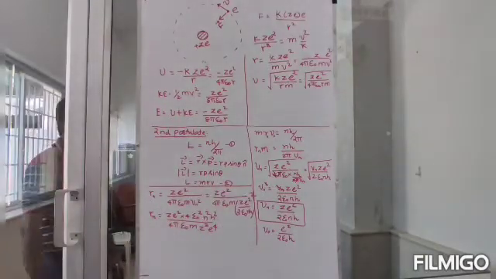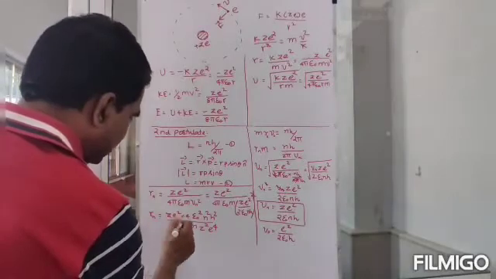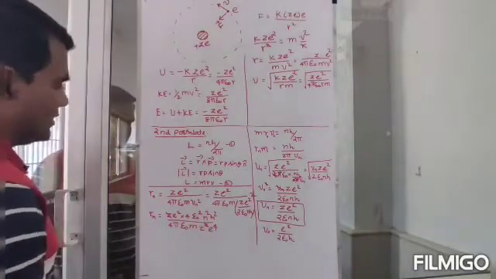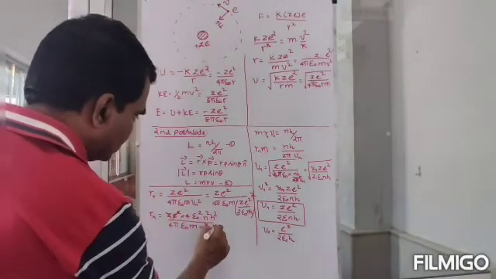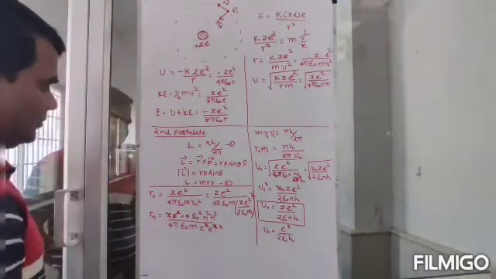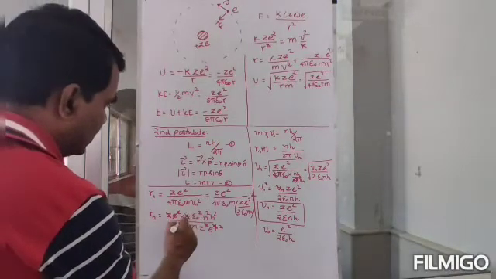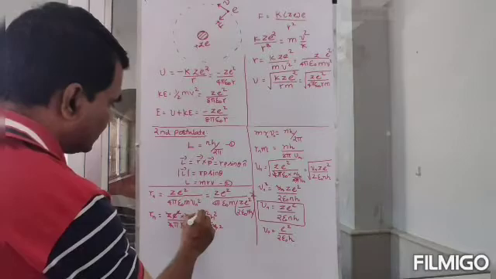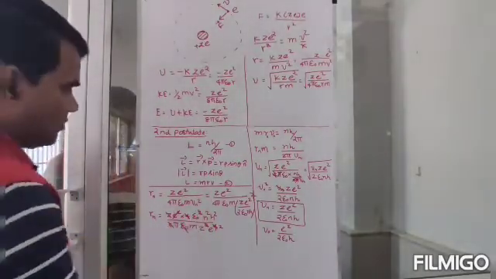So this is what you get here. Now start simplifying. Z will go, and we'll get Z here. e^2 will go, we'll get e^2 here. 4 will go, epsilon naught will go. So that's all we get.